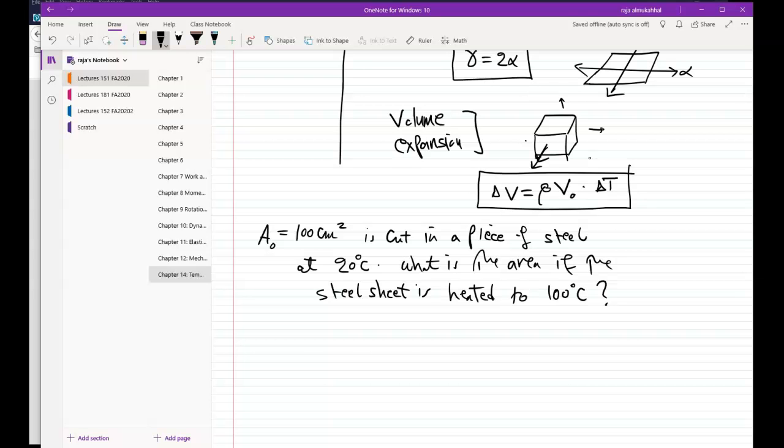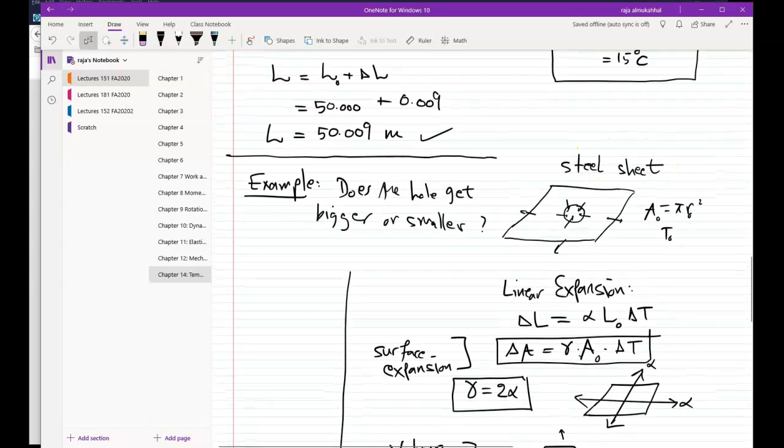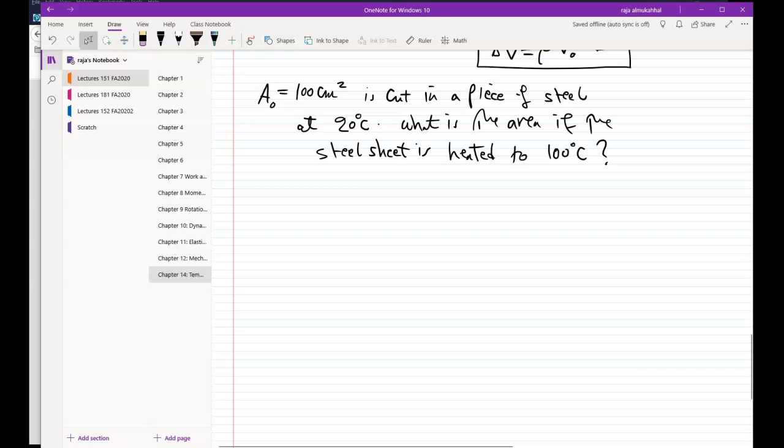So simply you go back to the surface expansion right here, and I'm going to write it down. Here we have delta A equals gamma A naught times delta T. What is gamma? Gamma is 2 alpha.